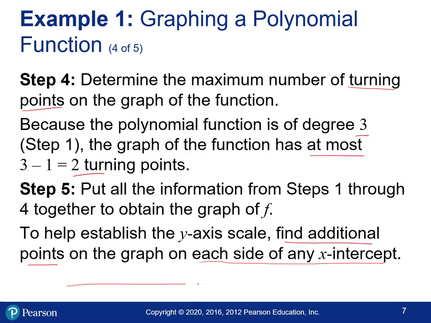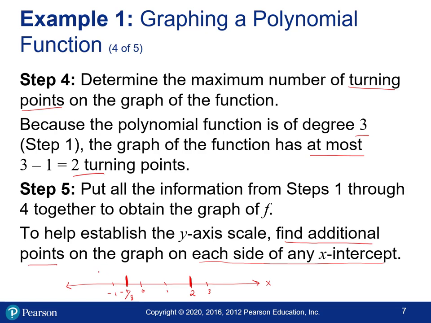So think of taking your x-axis, plotting your x-intercepts, which we had 2 and -1/3. Let me fill in some other numbers: 0, 1, 3, -1. These were our x-intercepts. You want to pick numbers around them to give you some better points on the graph.